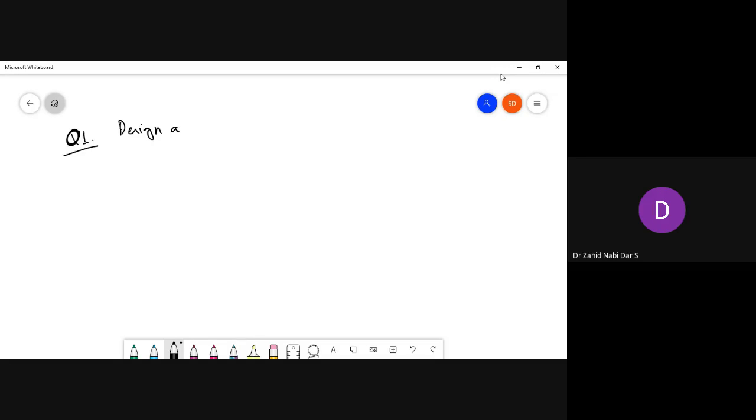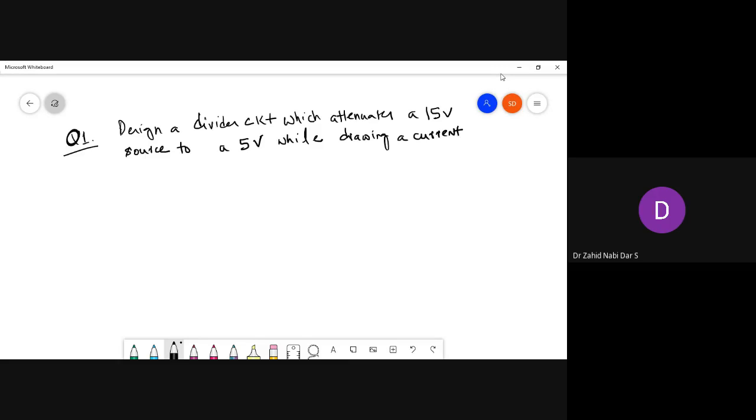design a divider circuit which attenuates a 15-volt source to a 5-volt source while drawing a current of I equal to 0.5 milliamps.